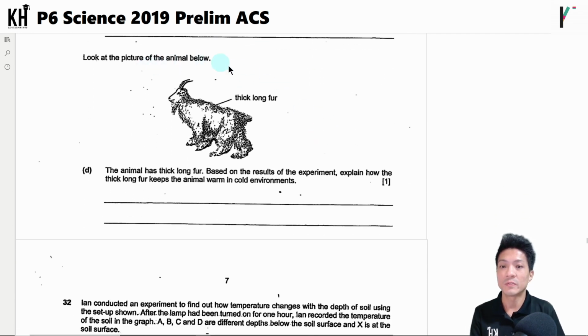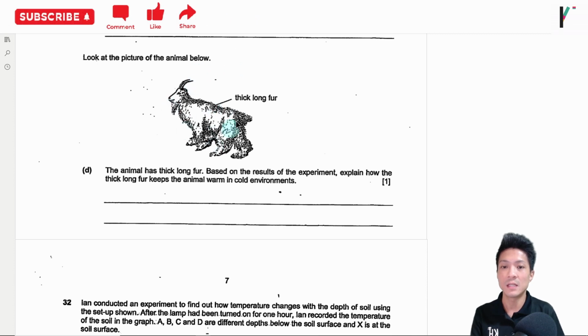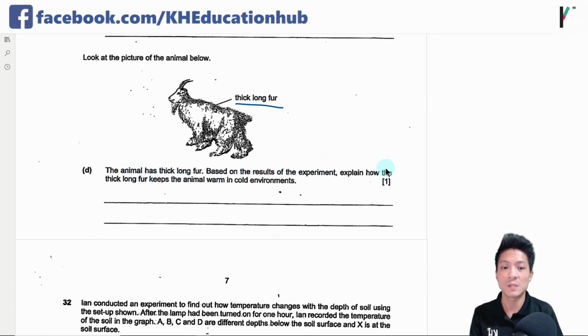Okay, look at the picture of the animal below. So you can see that this animal has got a thick long fur. Based on the results of the experiment, explain how the thick long fur keeps the animal warm in cold environments.